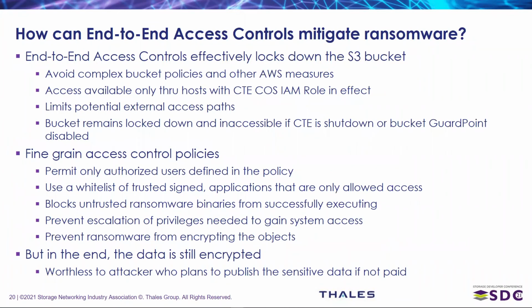So how can CTE COS and end-to-end access control help stop ransomware? Well, start by effectively locking down the bucket and limiting the potential attack path, so that access can originate only through the CTE COS with the end-to-end feature enabled. This is effective even if the bucket guard point protection is disabled. Another thing is, as we mentioned, fine-grained access control.